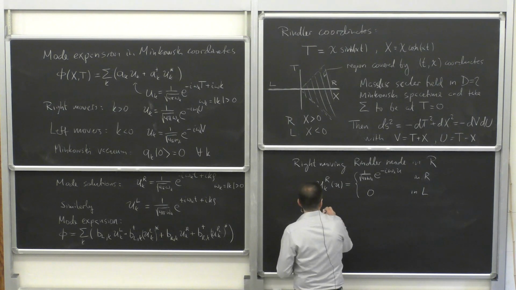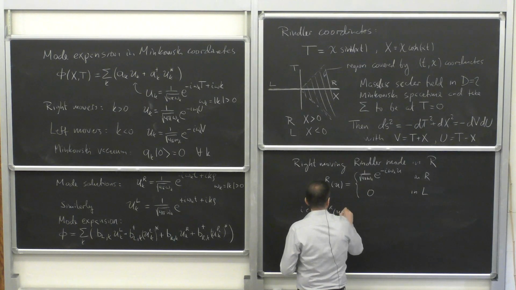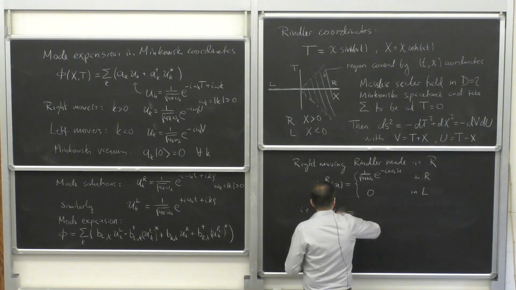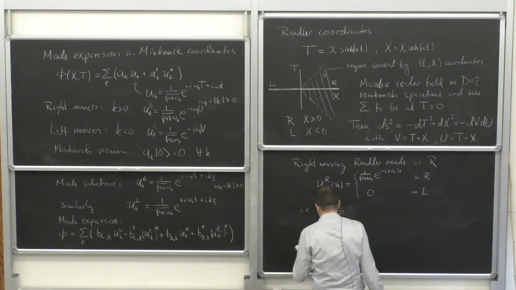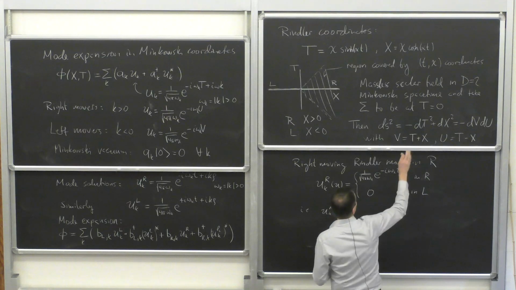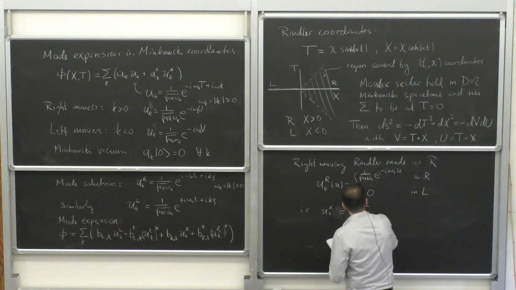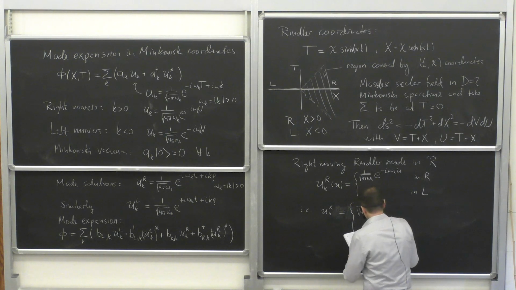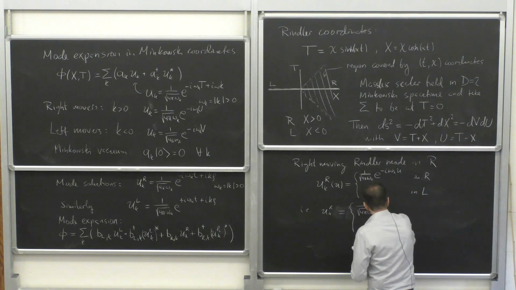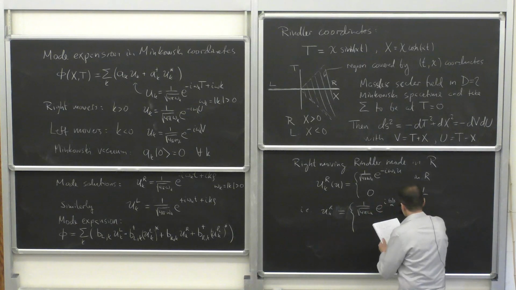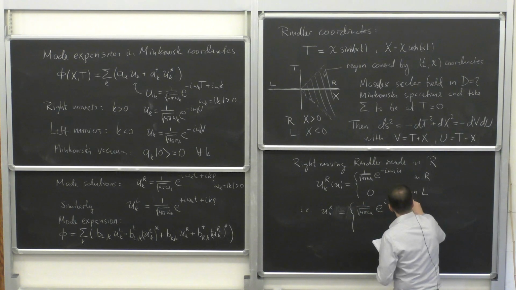I can also write it now in terms of the Minkowski coordinates, so I can undo that transformation that I had before. And then I will have e to the i omega k over alpha log of minus u.